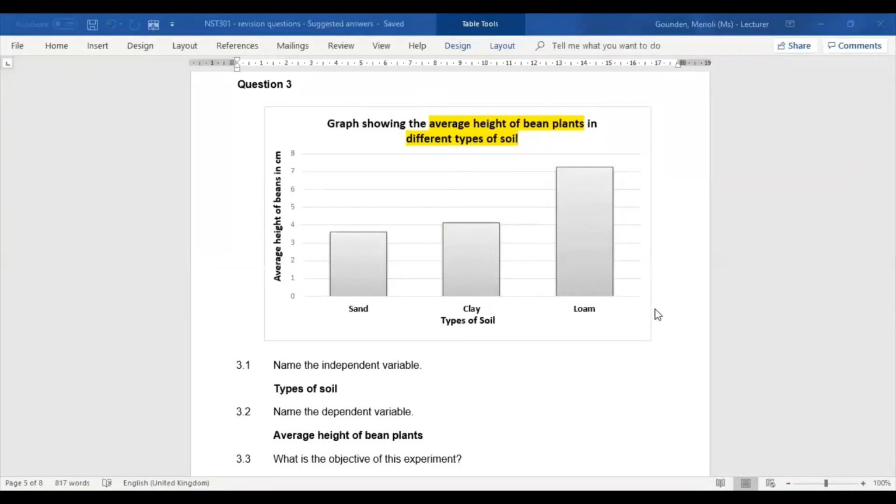And if you look at it carefully, you could see that the plant that is grown in sand only reached an average height of 3.5 centimeters, whereas plants grown in clay did slightly better and managed to reach an average height of about 4.1 centimeters, whereas plants grown in loam obviously grew the best because their average height is around 7.2 centimeters.